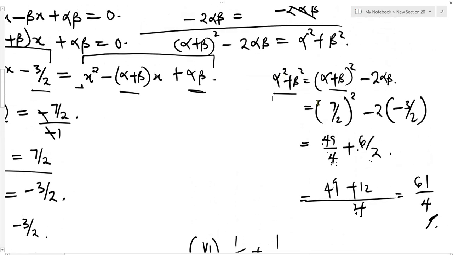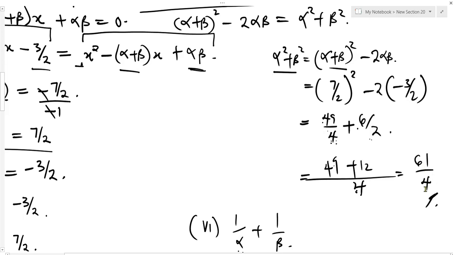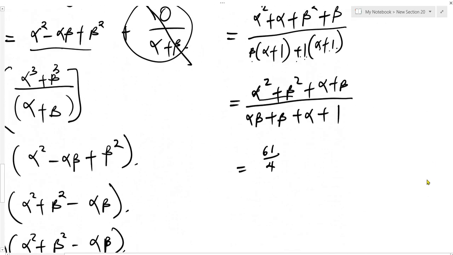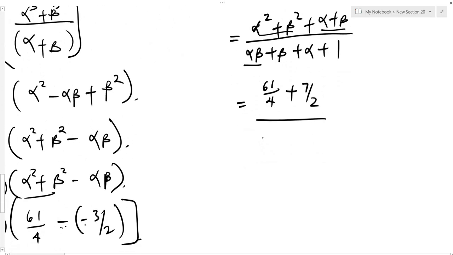So this value is finally gotten to be 61 over 4, plus this one, we got this to be 7 over 2, all divided by this alpha beta here, which is gotten to be minus 3 over 2. Beta plus alpha is same thing as alpha plus beta, which is same thing as plus 7 over 2, then plus this one.